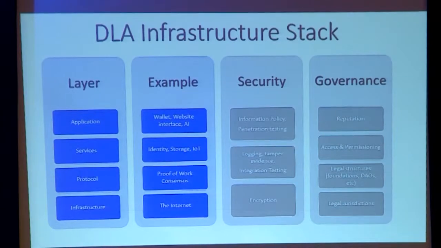And you've got regulators in that bucket as well. And finally, at the application layer, you may well have reputation and potential voting schemes as well. So they're at the top level.